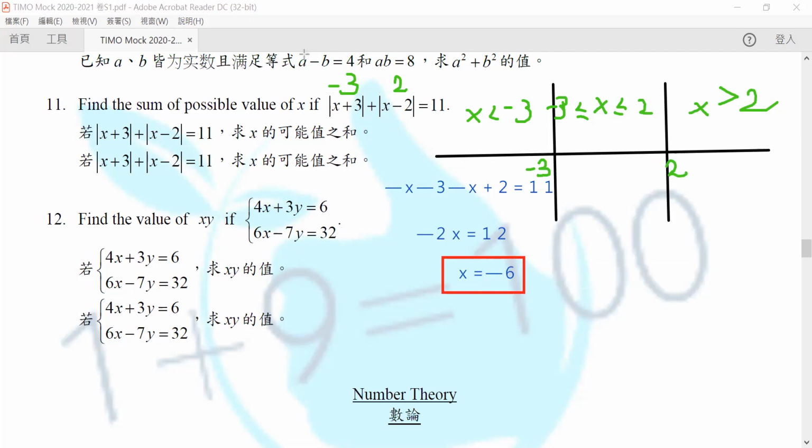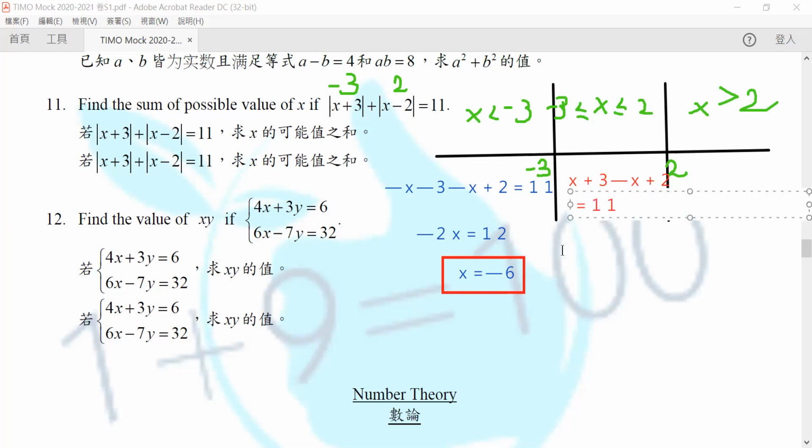So we get x plus 3 minus x plus 2 equals 11.